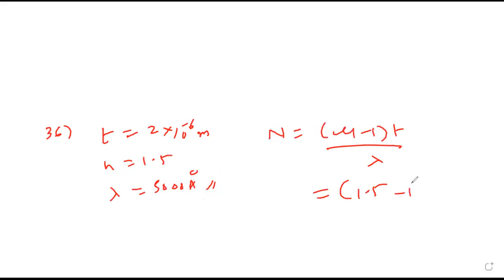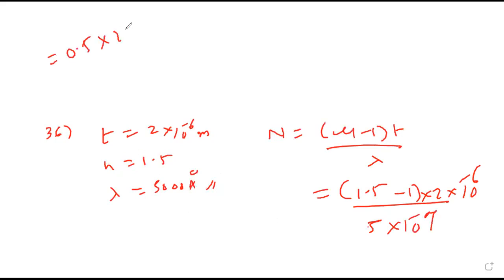So 1.5 minus 1 into 2 into 10 raised to minus 6 upon 5 into 10 raised to minus 7. So 0.5 into 2 into 10 raised to plus 1 upon 5. 0.5 into 2 is 1, so it will be 10 upon 5 equals 2. Option A.